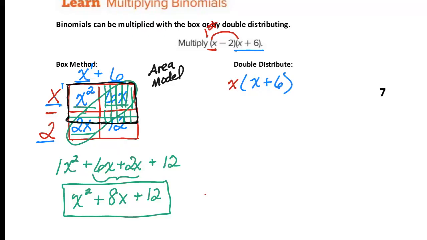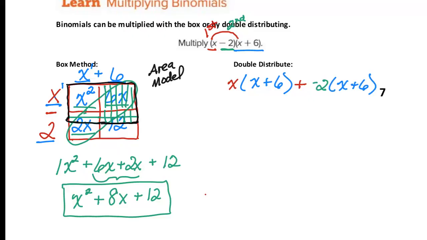Okay? Plus, then I'm going to take my second number or value of my first binomial, so that's a -2 times that same x plus 6.